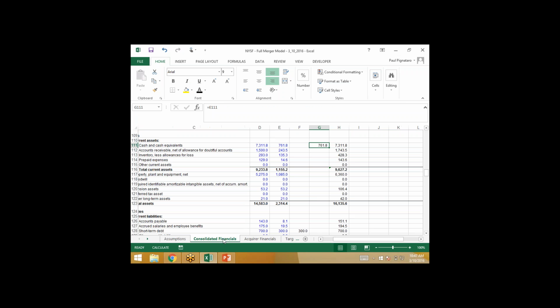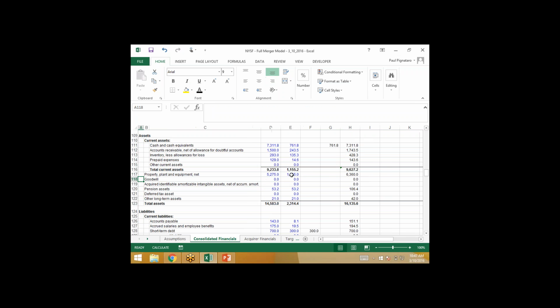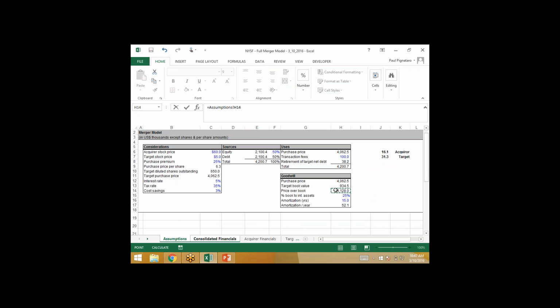There are several ways to do that. I'm going to go to the consolidated financials. The way I'm going to do this is, first of all, we're going to go to intangible assets. This will be increased. This will be debited. We have a new account based on 25% of the purchase price above book value. So this is going to be equal to, from the Assumptions tab, price over book times 25%.